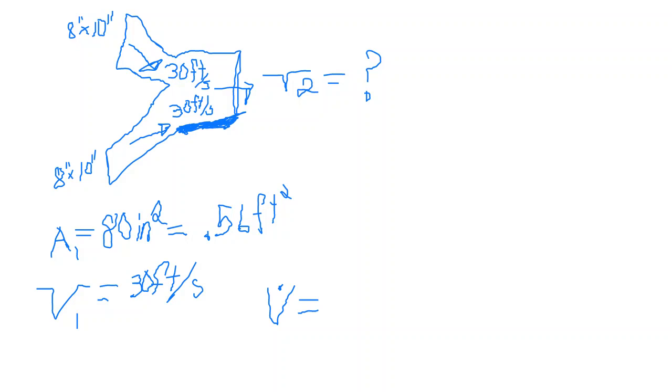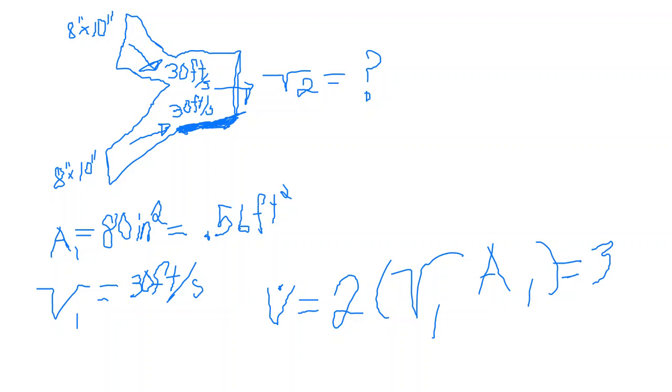All you're going to do is do 2 times V1 A1. Okay? And that equals what? We already know, right? I'm not going to make you tell me because we already know. It's 33.4 cubic feet per second. And I ran out of room.